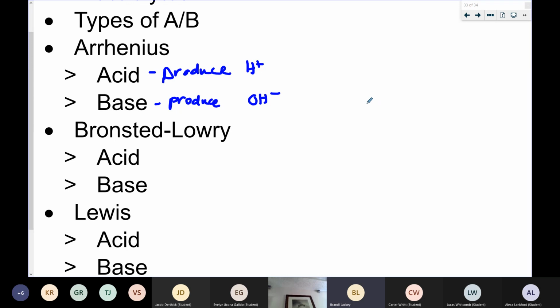Then we got into our Bronsted-Lowry acids and bases. Remember, these branched out and included more things that maybe don't necessarily start with hydrogen or don't have hydroxide that could be acidic or bases. So remember, acids are going to donate hydrogen ions. So they still give off hydrogen ions, but they don't necessarily have to start with hydrogen. Hydrogen could be elsewhere in the formula. And then bases accept that hydrogen ion.